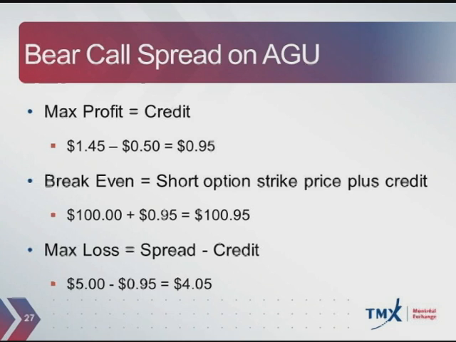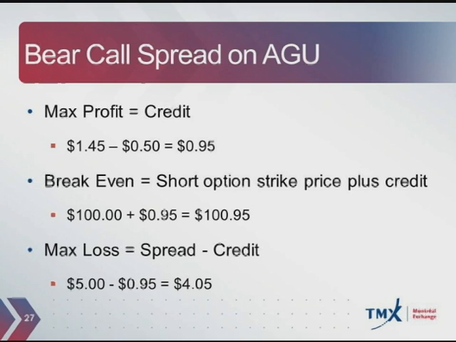Our max loss, on the other hand, becomes a little bit more of an important consideration, because we actually have to look at subtracting our net credit from the spread differential of $5, which means that our risk is $4.05. Now, we can manage for this, but what we need to understand is that the risk-reward proposition here is a little skewed.